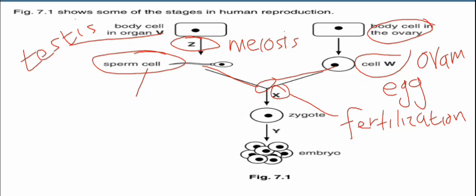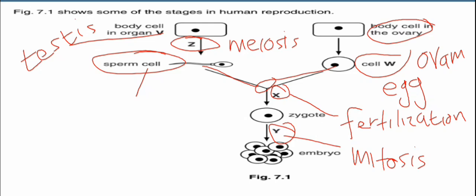Now, once the zygote is formed, process Y is going to occur, so that the cell divides itself or replicates itself to form an embryo. As for process Y, this one is going to be called mitosis because it is occurring in somatic cells. The other name for the somatic cells is just the body cells. So this one is mitosis.